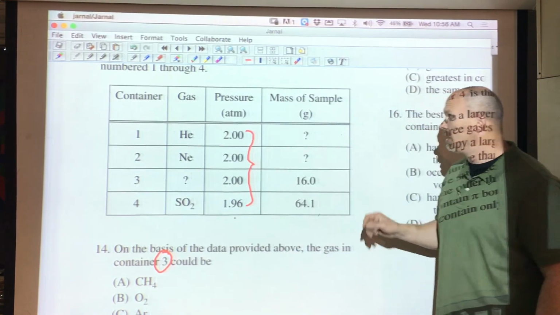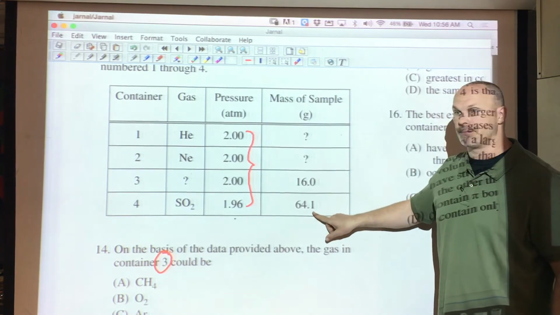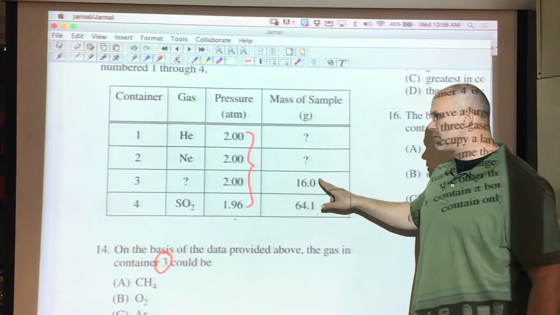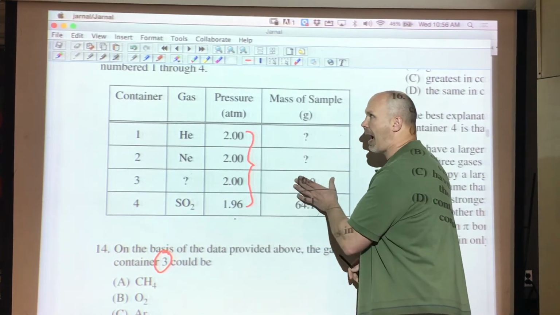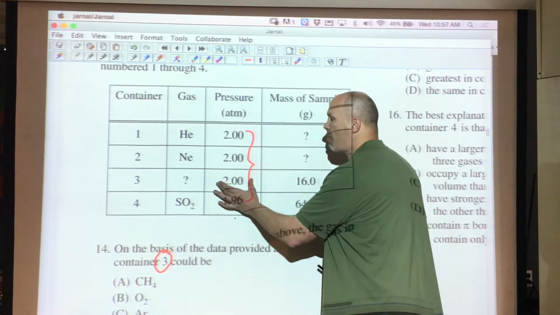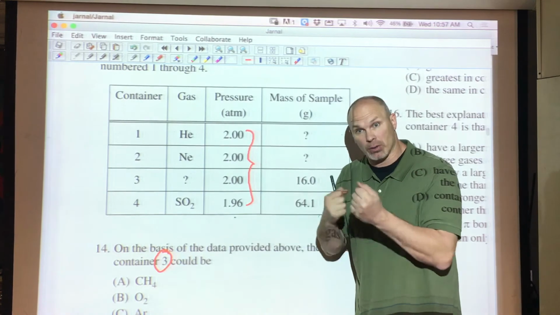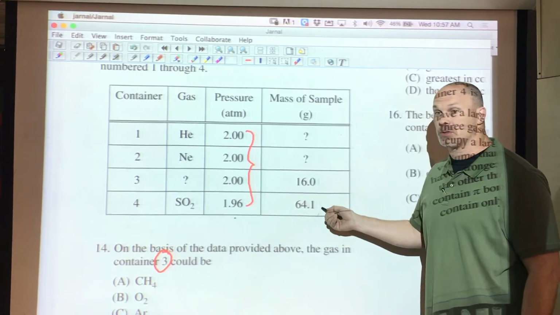But in this question, they're not giving you the mass of the helium that's in the center, but they give you the mass for SO2. And that's the key to the problem. They want to know what gas 3 is. That's 16 grams. I've got to relate this to what? How do I go from grams to how many collisions occur? Moles. How many particles are creating that partial pressure? So I'm going to take this and convert to moles.